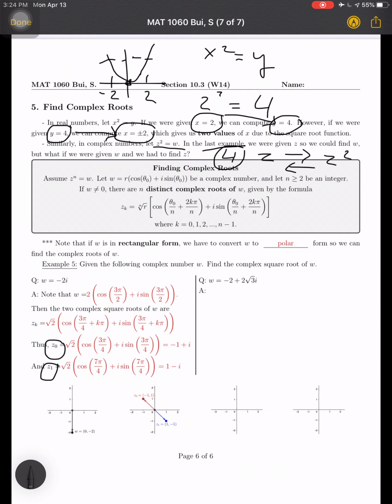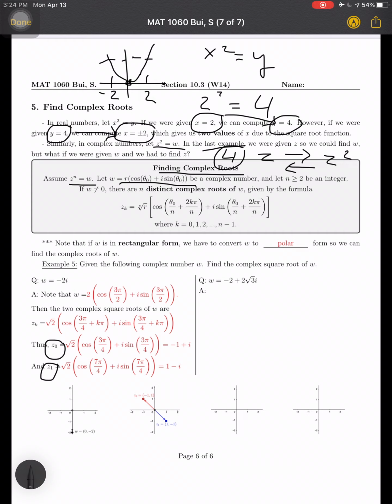Let's talk about a theorem. In general, to find a complex root, assume that z to the n, or z squared, z cubed, whatever you want to call it based on the problem, equals w. Let w be a complex number of the form r times (cos theta naught plus i sin theta naught).